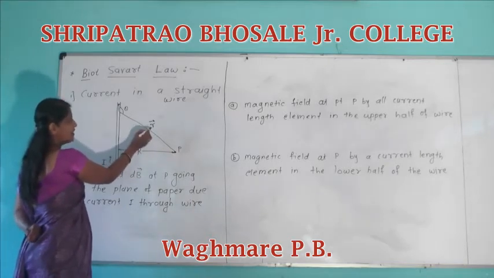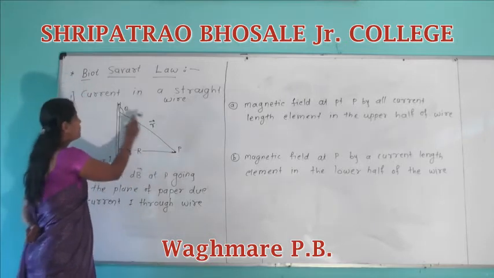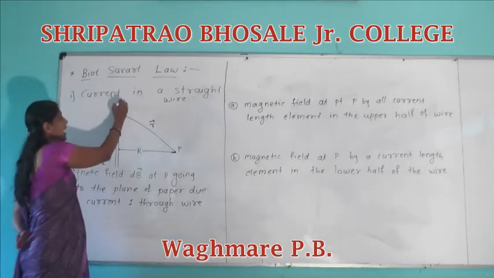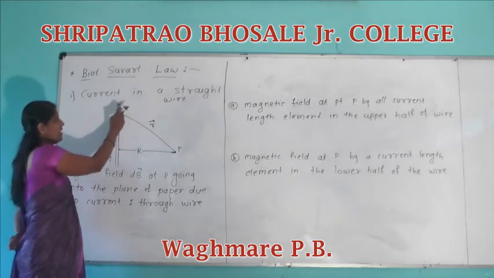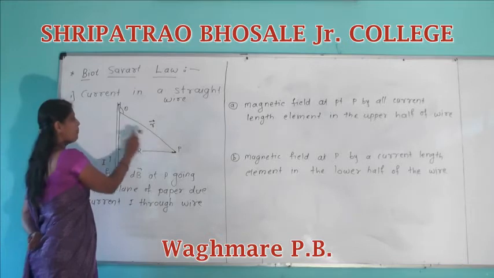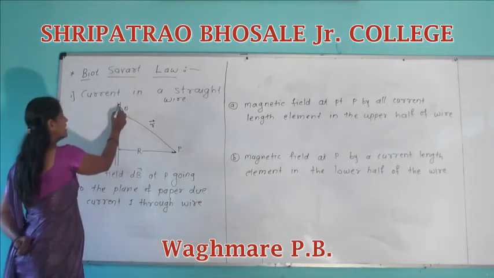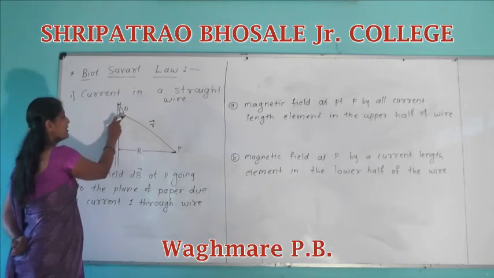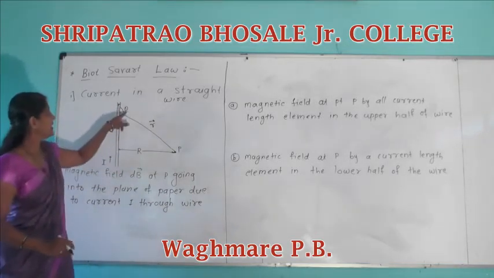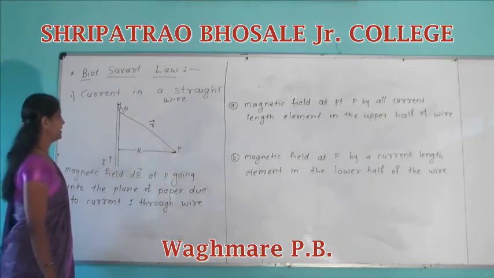This r is the distance of point P from the small element, and this angle is theta, the angle between dl and r.